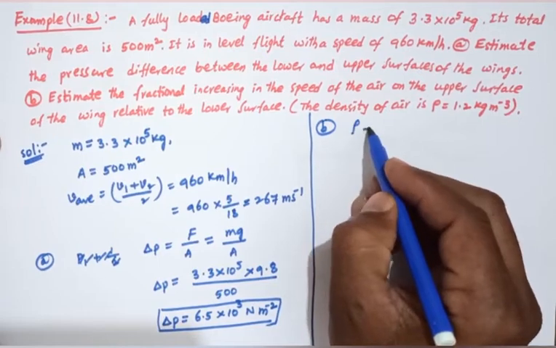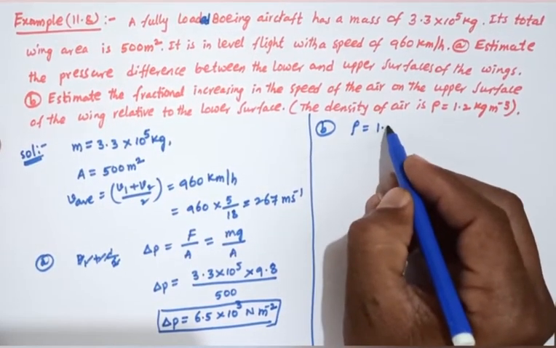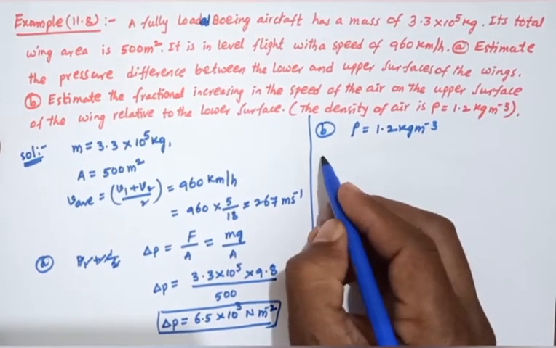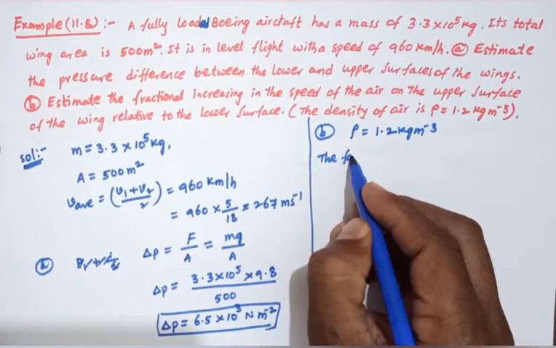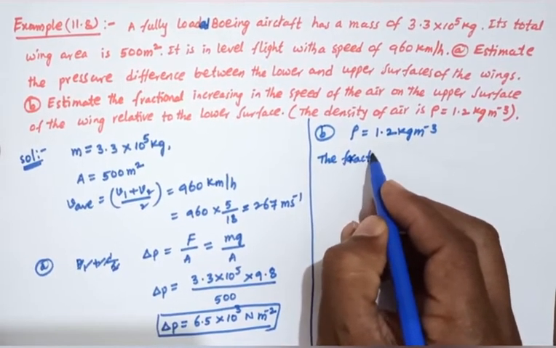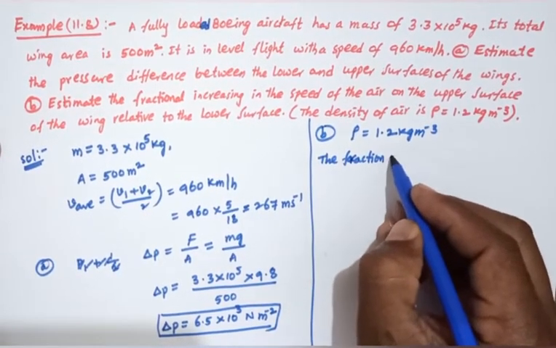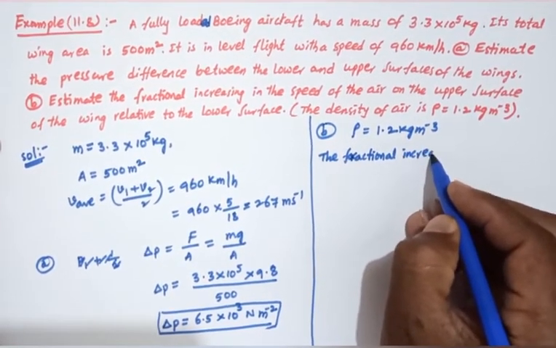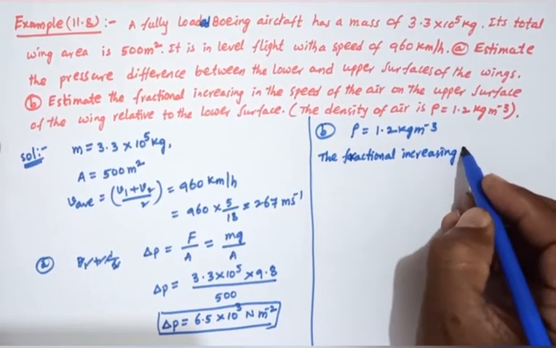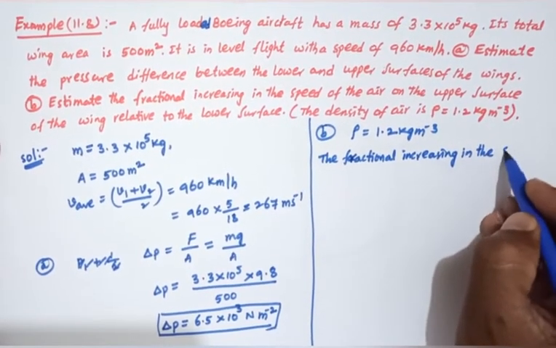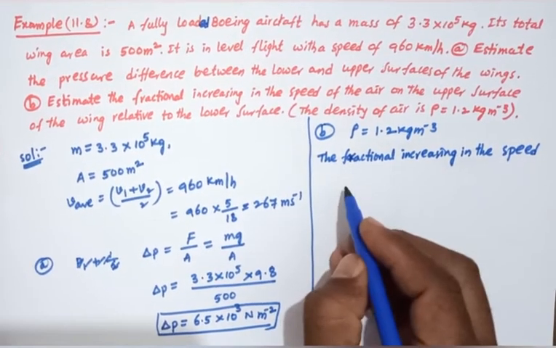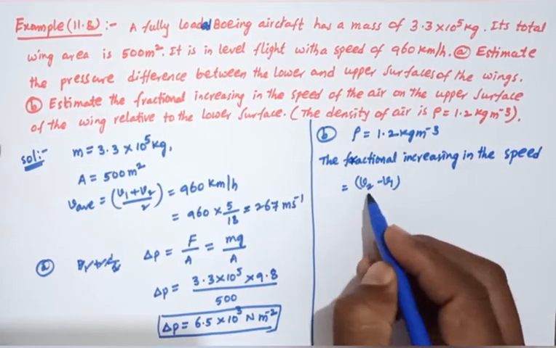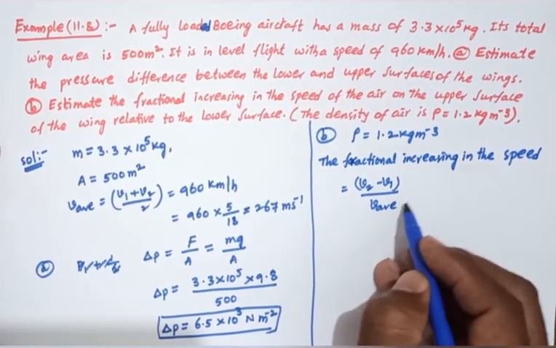The rho is given: the density of air is 1.2 kilogram per meter cube. We can find this out.